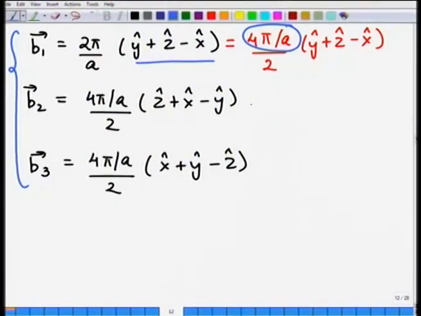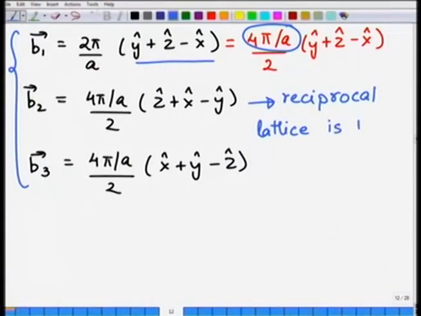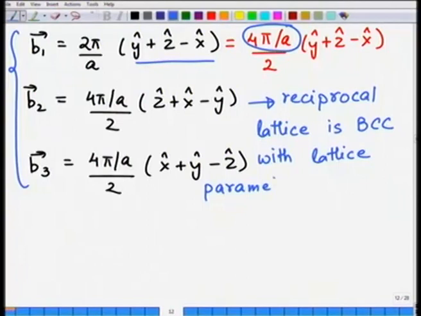That means the reciprocal lattice I am generating is BCC with lattice parameter 4 pi by a. So, that lattice parameter is 4 pi by a now. All right, that is how easy it is.